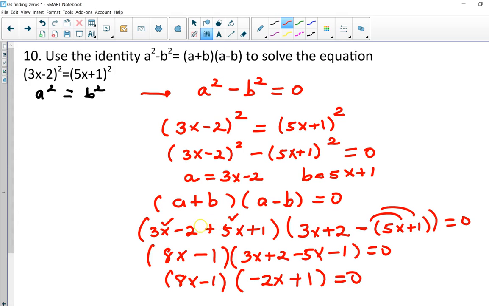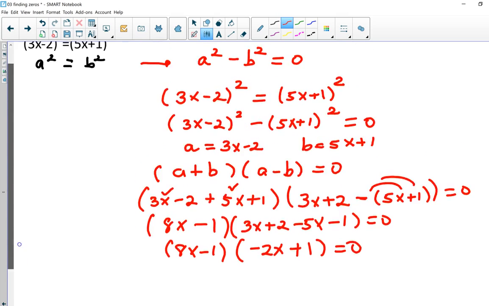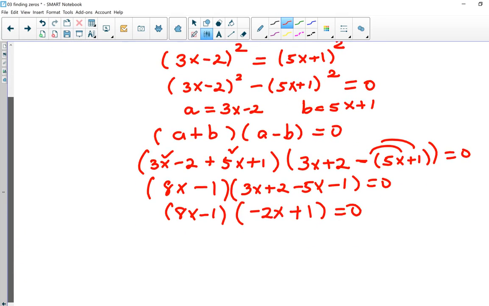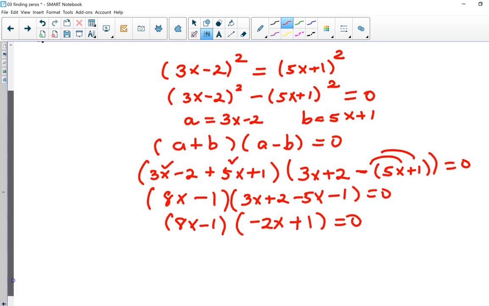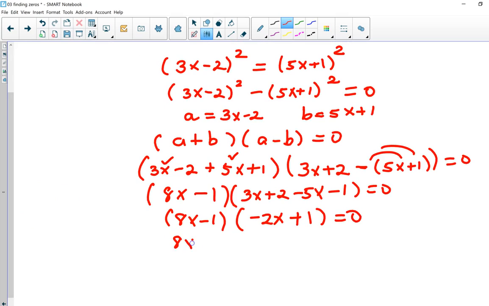The goal is to actually solve the equation. So now we're going to set each linear factor equal to 0. And I'm going to add 1 to both sides. And lo and behold, I have one solution as 1/8.